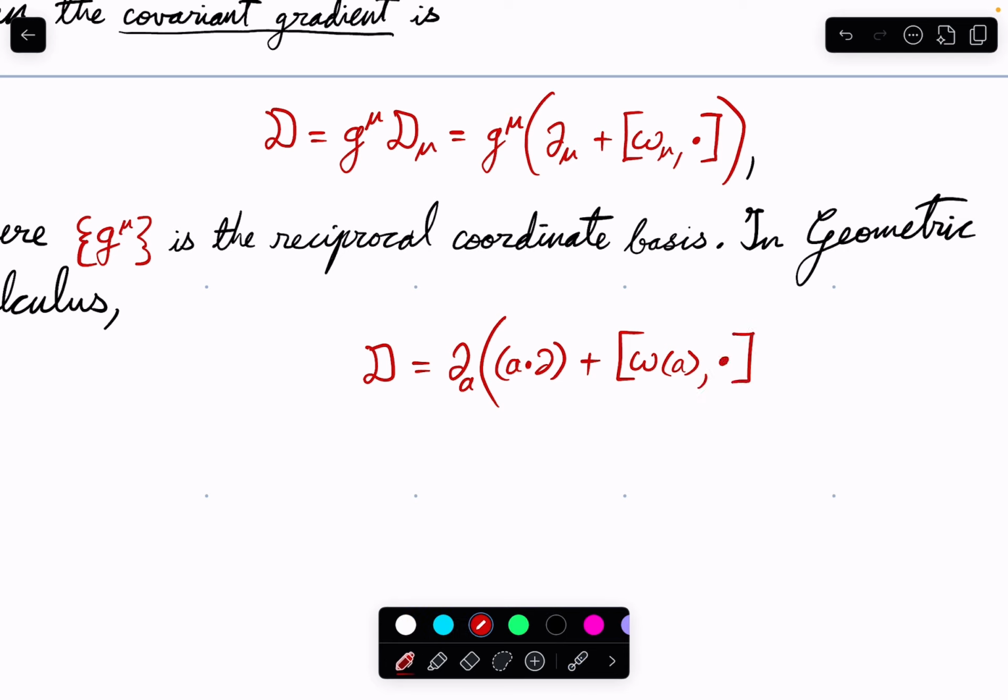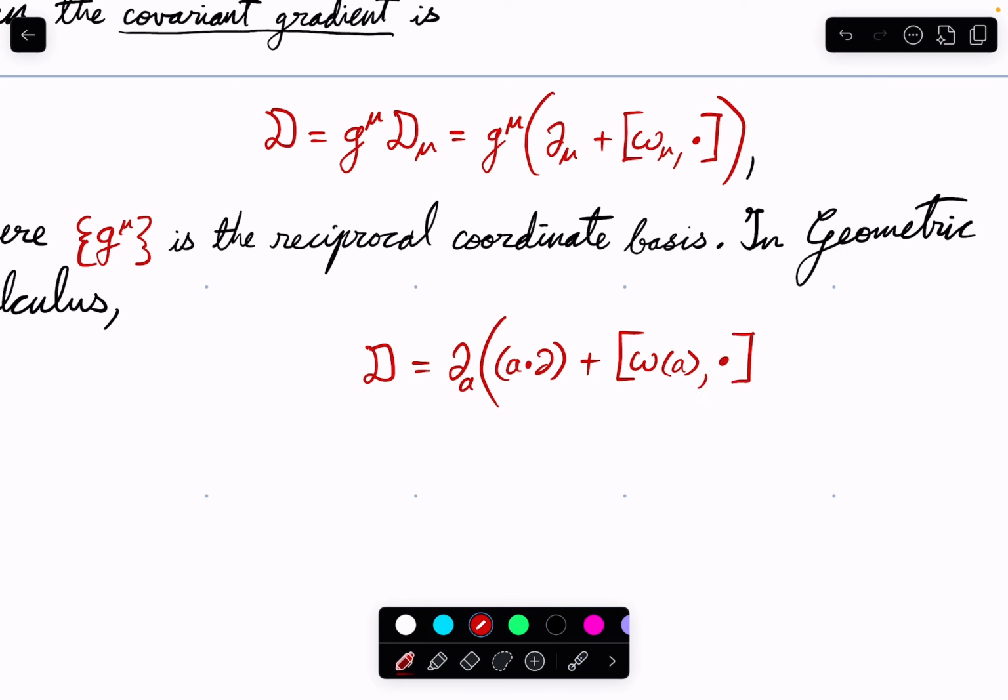I'm going to expand, or let's continue in the royal we. We will expand the g mu partial mu into the same form as partial a dotted with the partial.